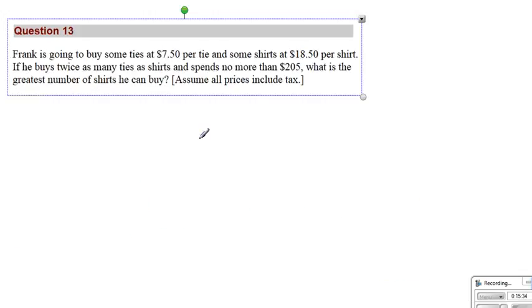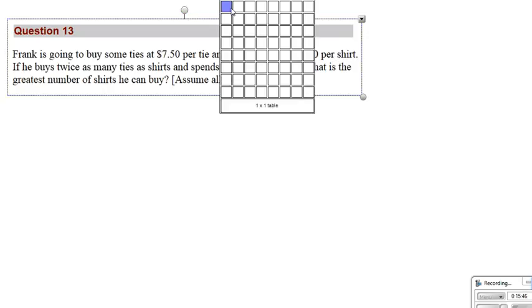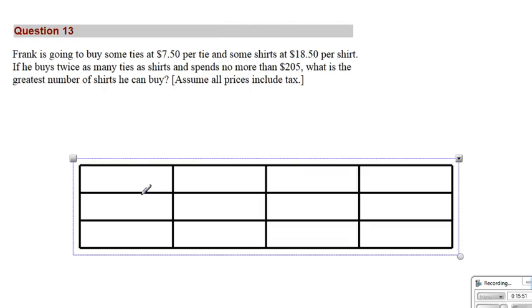Next question. Here we have ties that goes $7.50 and some shirts for $18.50. So here we gotta have similar questions as before. The category here, ties, and then shirts.